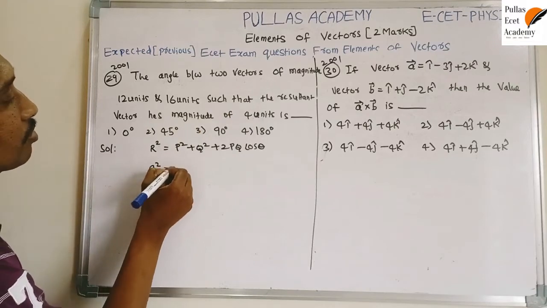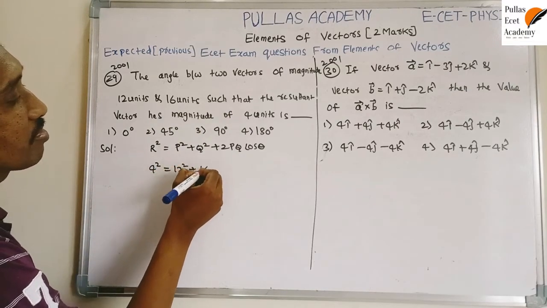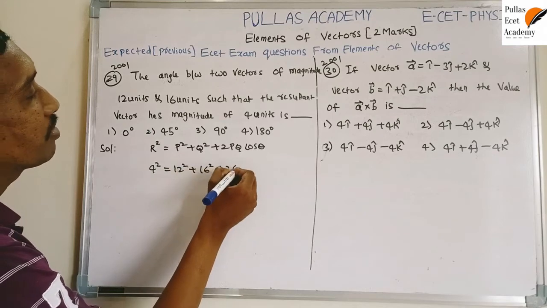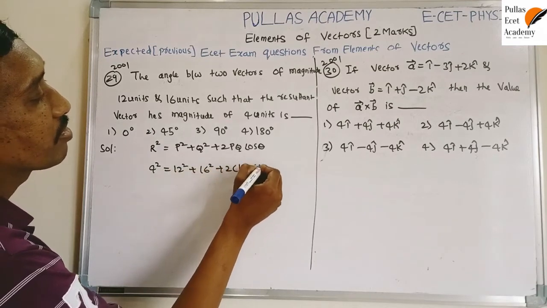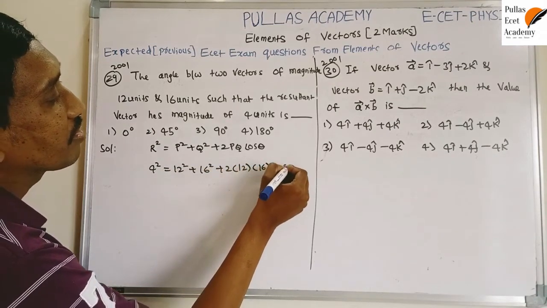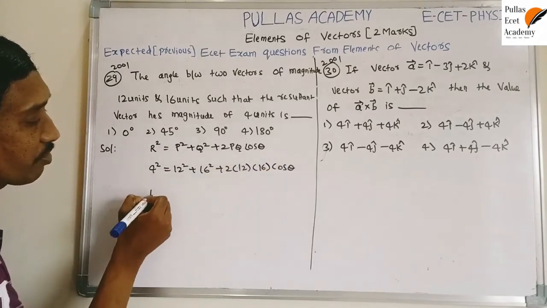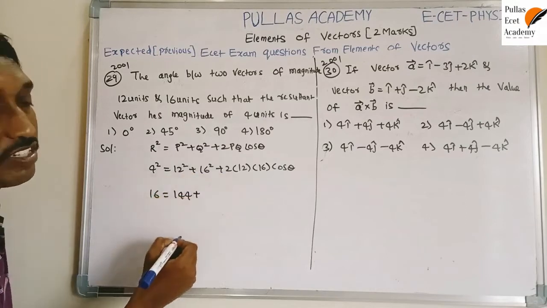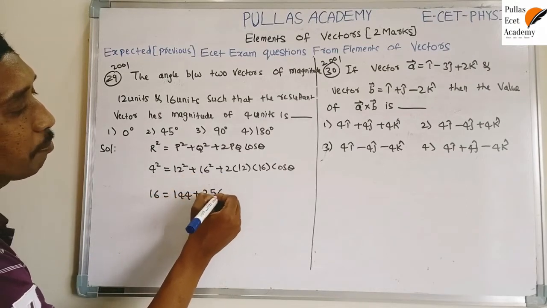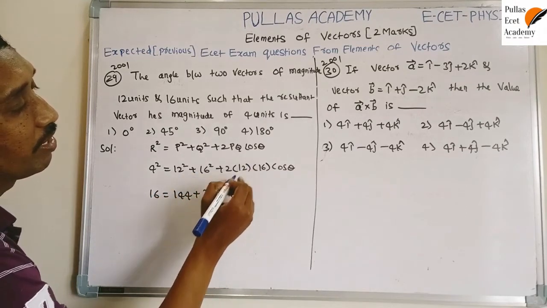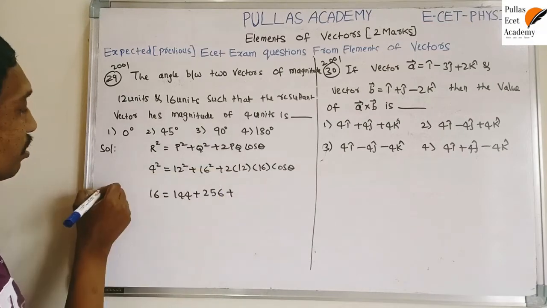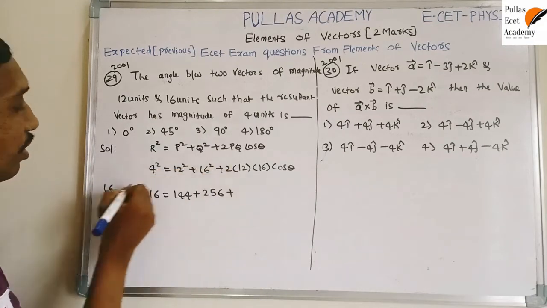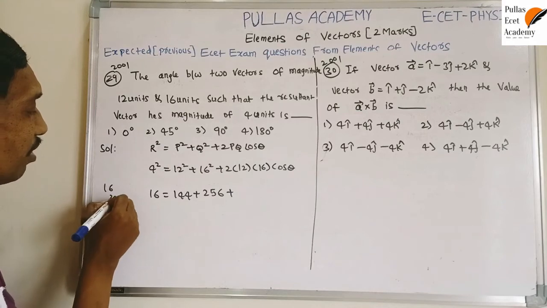4 square is equal to 12 square plus 16 square plus 2 into p, that is 12, into 16 cos theta. This is the formula. After simplification, 4 square means 16, 12 square means 144, 16 square means 256, plus 2 into 12 into 16, so that means 16 into 24. Now what is the value here?